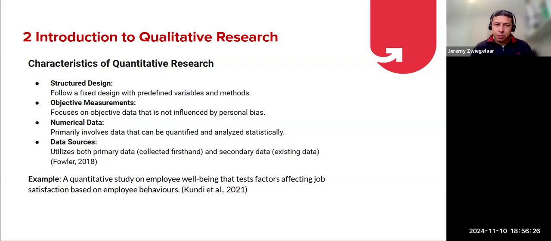So there's numerical data. So primarily involves the data that can be quantified and analyzed statistically. So we're not looking for the stories of the participants. We're asking them specific questions, and these items or questions are targeted to be able to give us some kind of indication about what either their behaviors or their attitudes or their own personal information is about. So it tends to be quite objective in the essence.